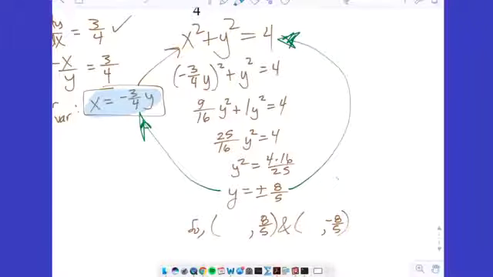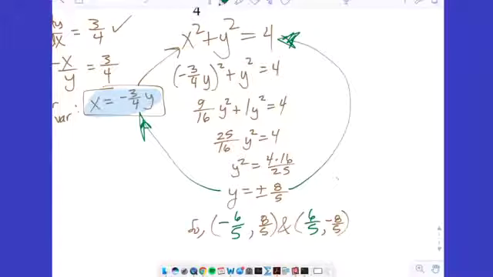So when I plug in a positive 8/5 for y, the 8/4 is going to become a 2, and I end up with negative 6/5. Oops. Wrote with a highlighter again. Negative 6/5, if you plug that 8/5 in for y. And if you plug in a negative 8/5 for y, you're going to get positive 6/5 as an answer.